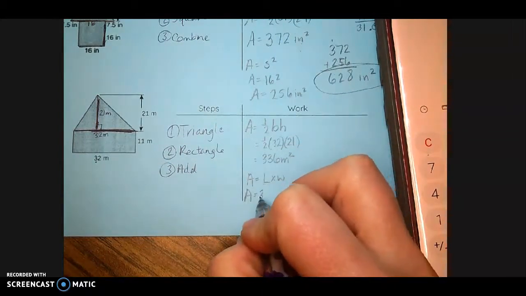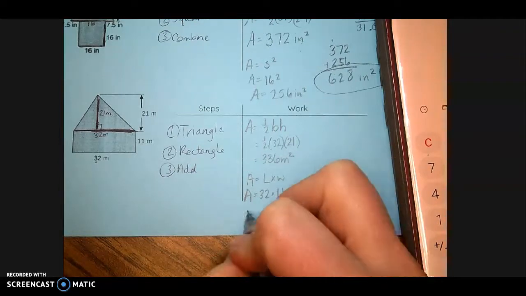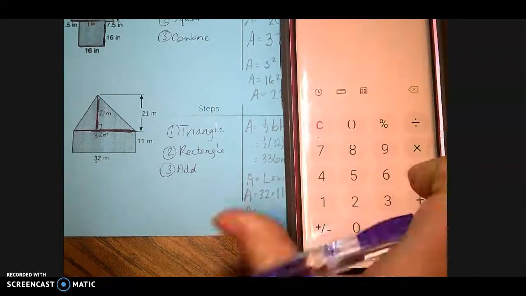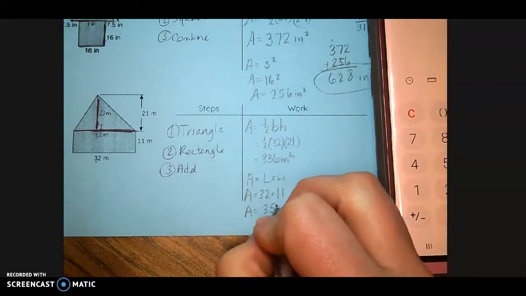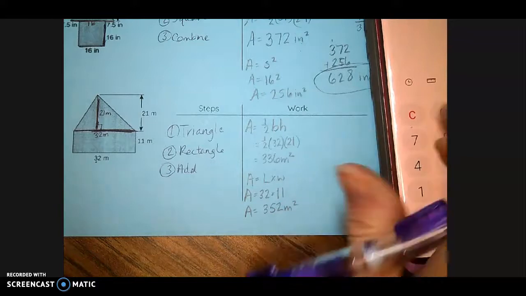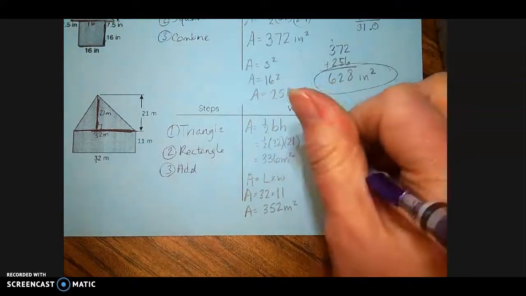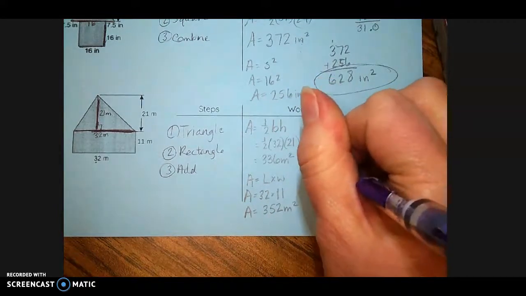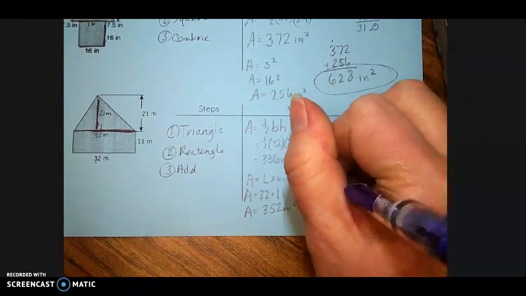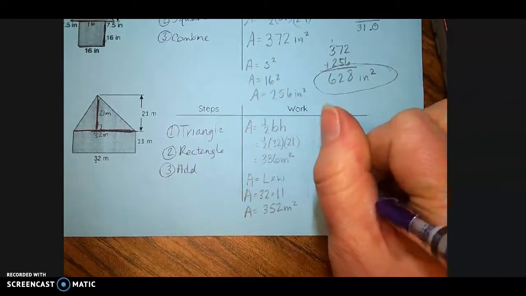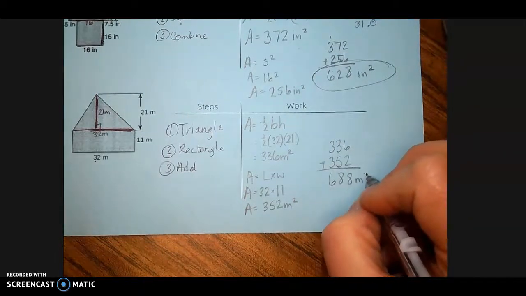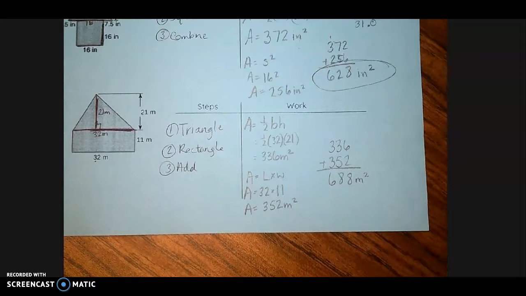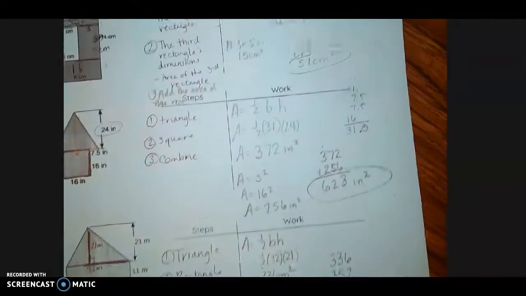So that is just 32 times 11, which gives me 352. And then once again, I need to combine these. So I'm going to add them up, and I get 688 meters squared. So that is how we find the area of irregular figures.